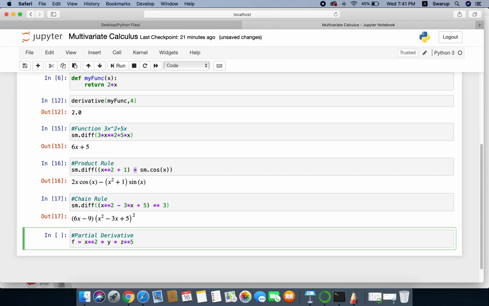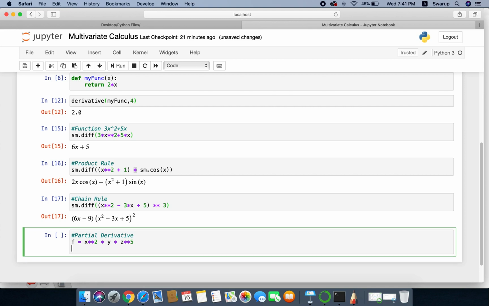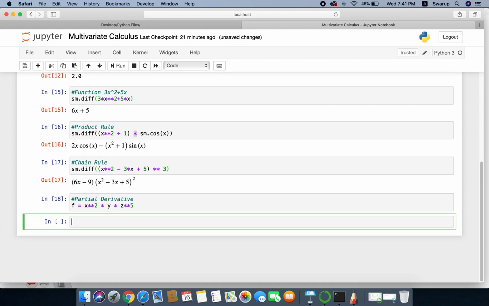Suppose this is our function having values x square into y into z to the power 5. To find the derivative for this, we can just call the same sympy.diff function, and we'll pass the function and find the derivative for each of the variables.